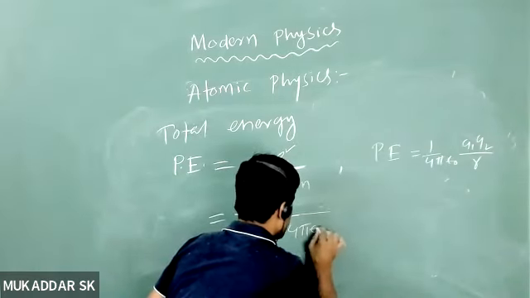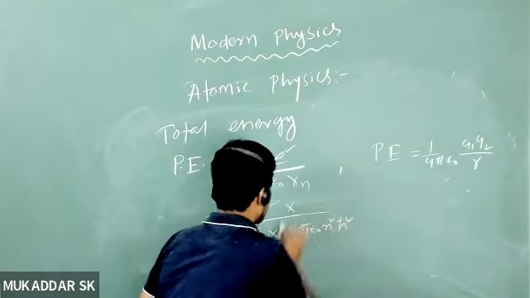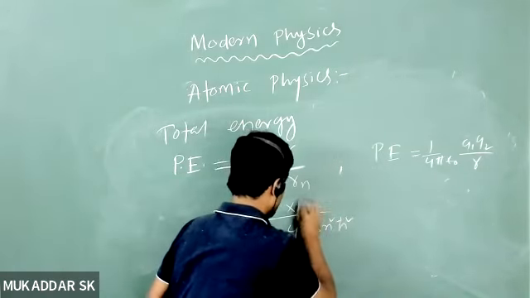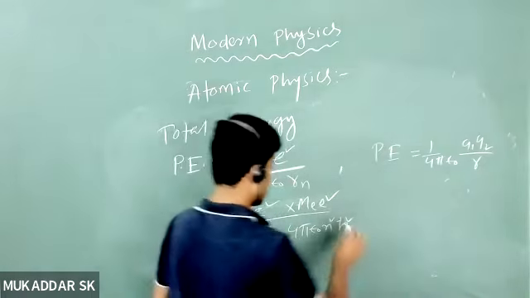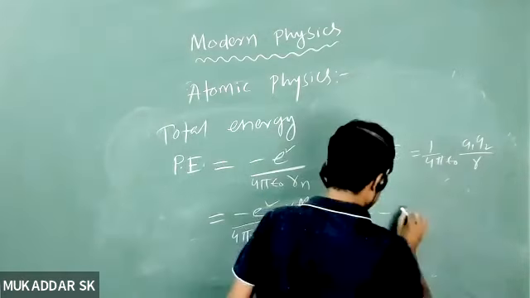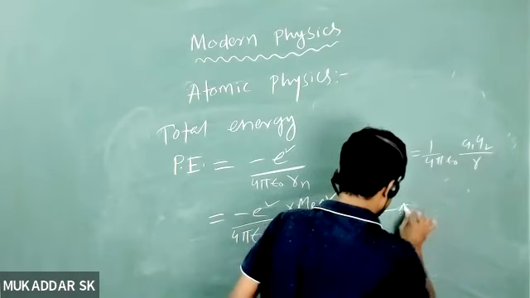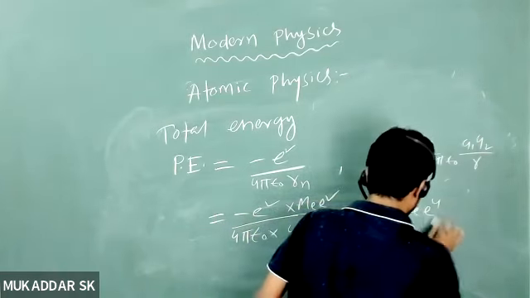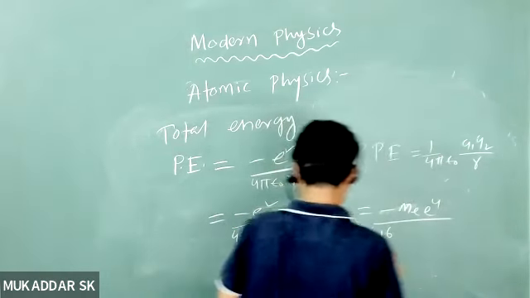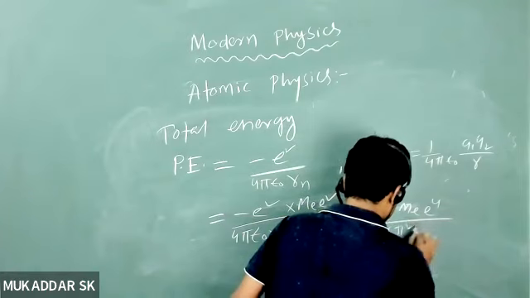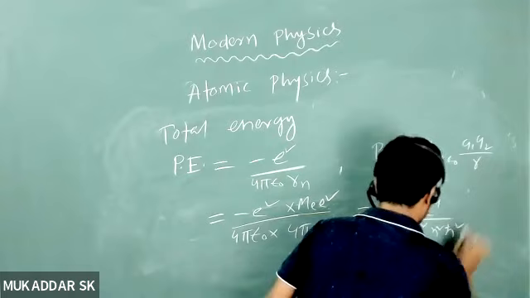So m e square will be in the numerator, and you will get simply minus m e to the power 4 divided by 16 pi square epsilon naught square n square h cut square.